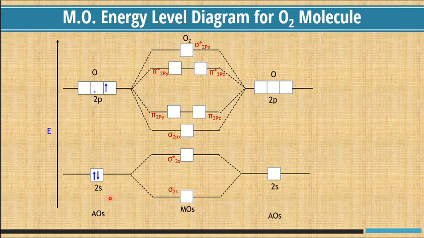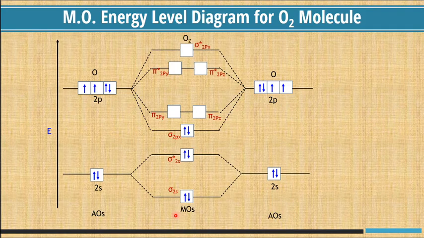The 2 electrons are filled in the sigma 2s molecular orbital, that is the bonding molecular orbital. Then 2 electrons are filled in the sigma star 2s antibonding molecular orbital. 2 electrons are filled in the sigma 2px molecular orbital. 4 electrons are also filled in the pi 2py molecular orbital and pi 2pz molecular orbital.